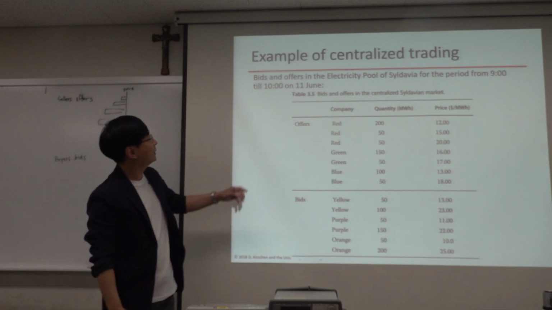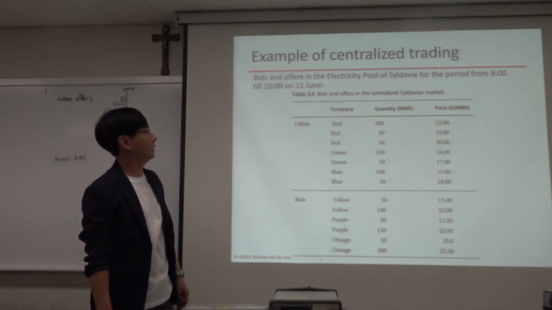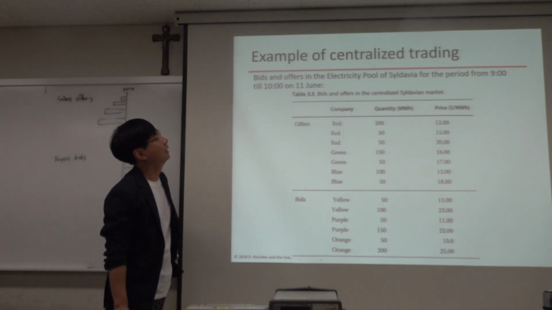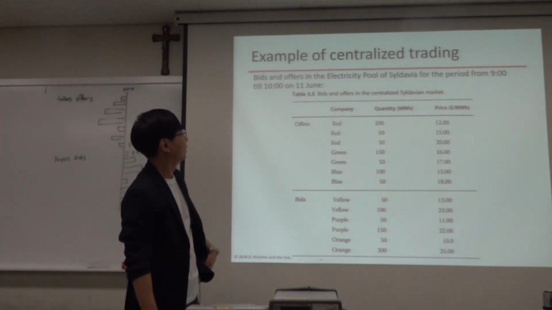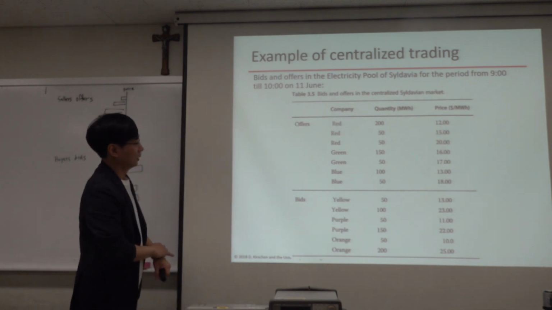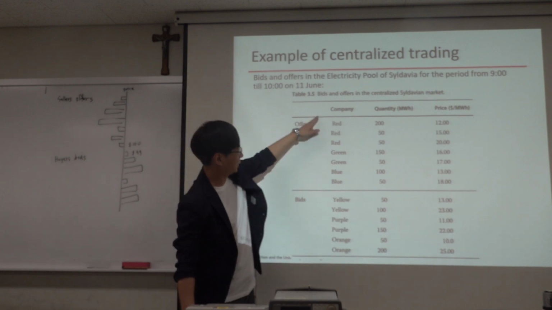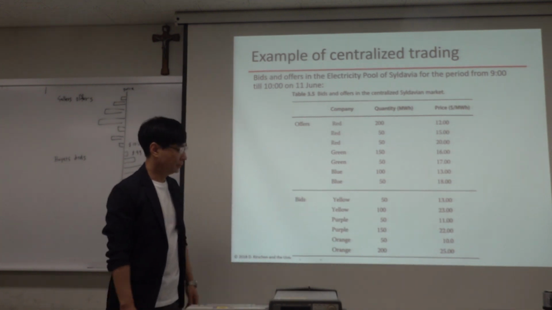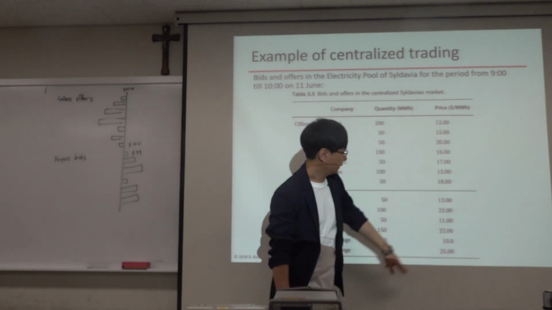Anyway, so these are bids and offers in the electricity pool of Sildavia for the period from 9 to 10 on June 11th. So, offer, bid. These are the anonymous companies, and the quantity and the price.